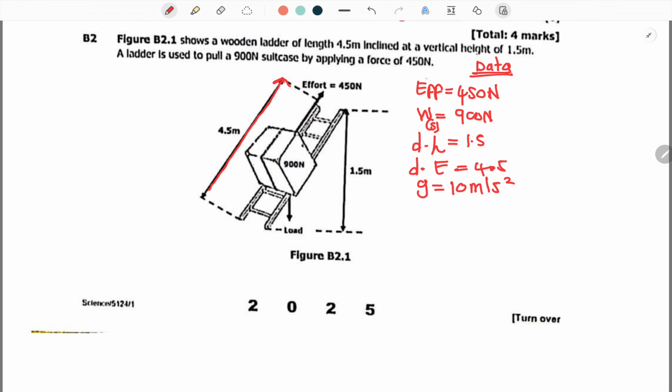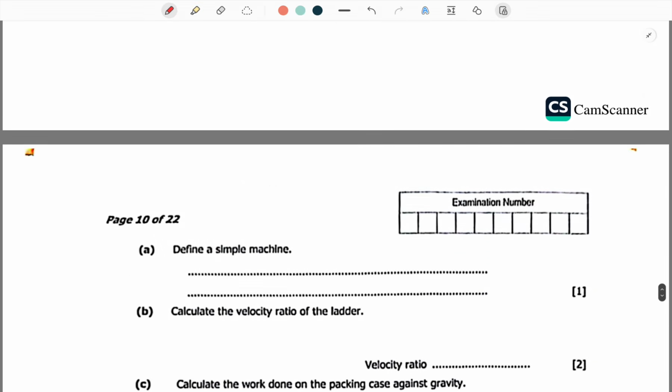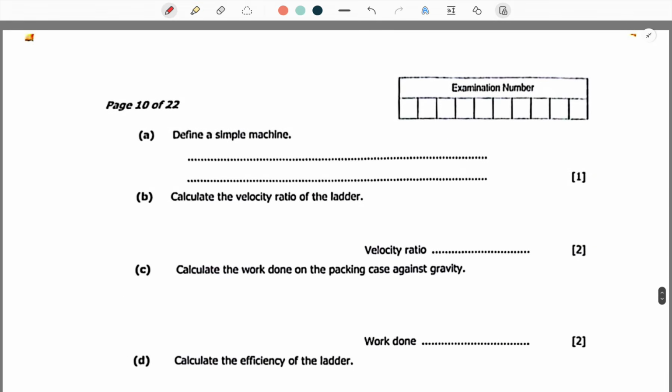Have we collected everything? Yes. They're saying define a simple machine. So what is a simple machine?